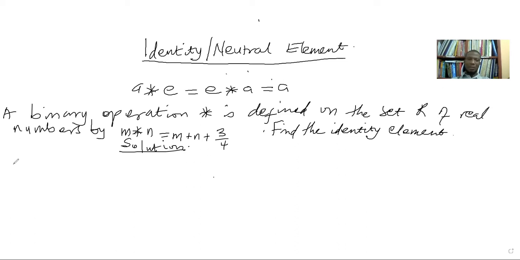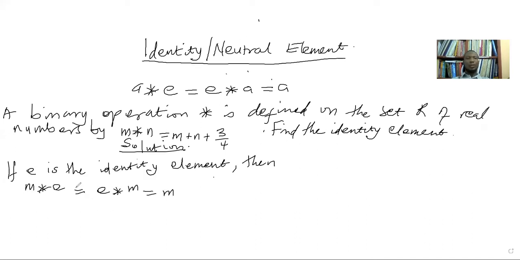Our initial statement will still count: if E is the identity element, then M star E should be the same as E star M. And that should give us our M back, because the identity element doesn't change the number we are operating it with.